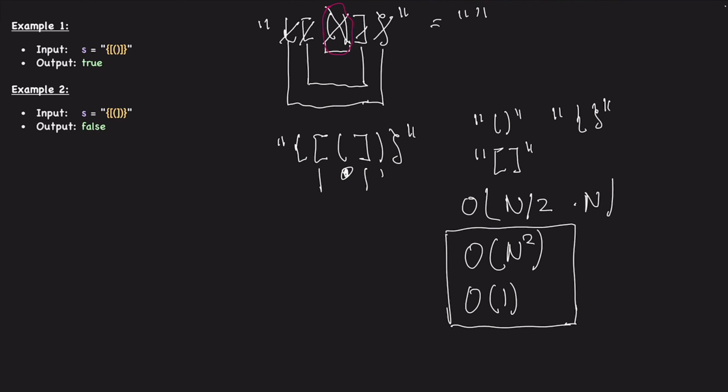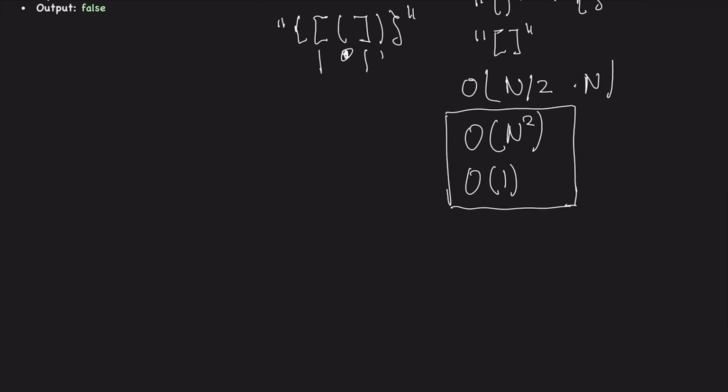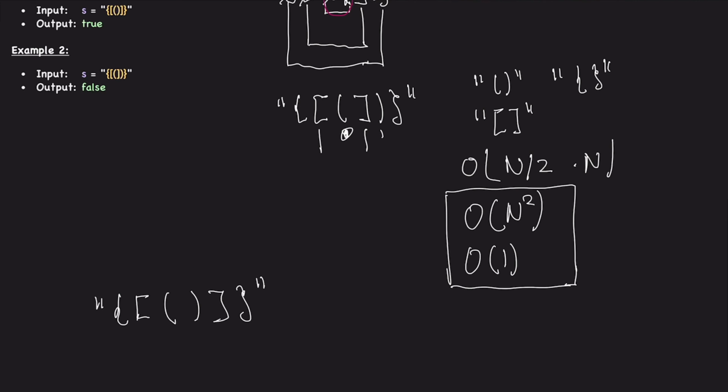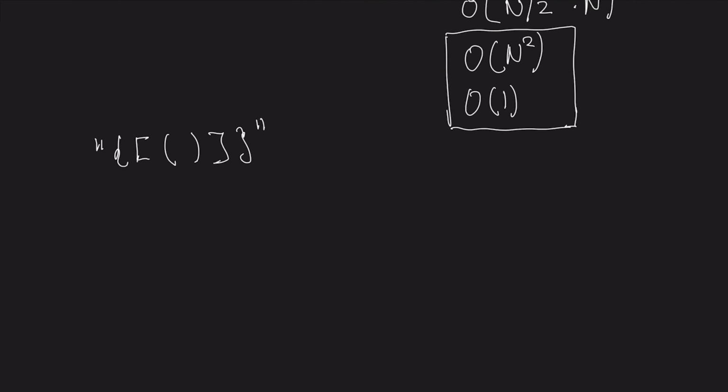The brute force solution works, but we can do better. Let me write down the example 1 string again. So it was like this. What we can notice by looking at the string is that there is a rule: if we are processing that string and we find a closing bracket, that bracket must match the last bracket that was opened.